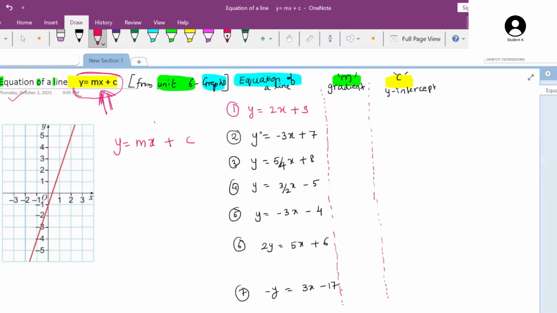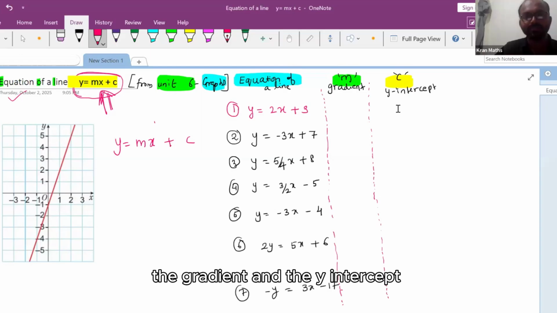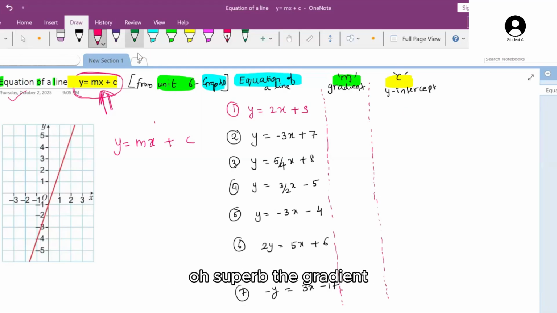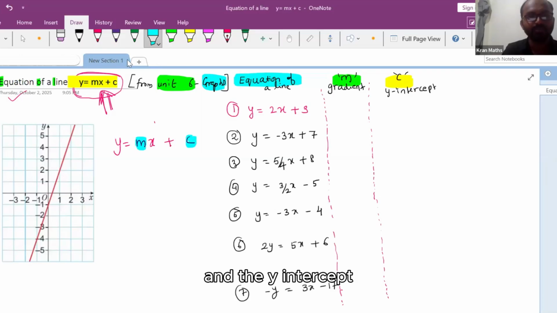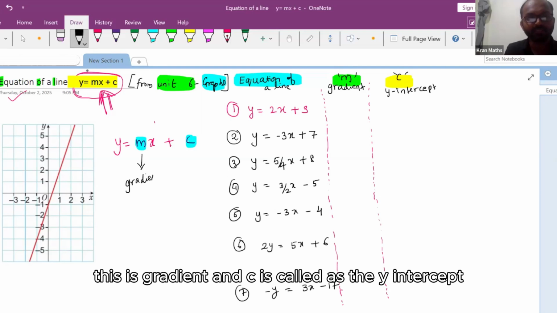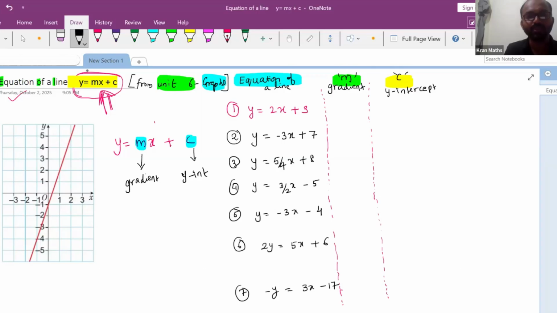Can you tell me the two things? The gradient and the y-intercept. Superb. I'll just write in shortcut: m is the gradient and c is called the y-intercept.